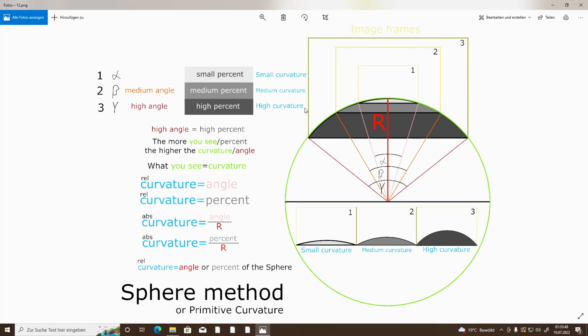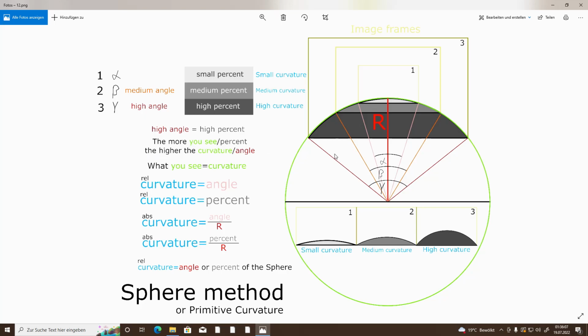Of course, when you see the whole sphere, or half of the sphere, better called, there is no increase of curvature, obviously. High angle is high percent. The more percent you see, the higher the curvature angle.